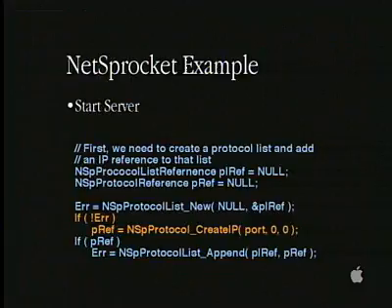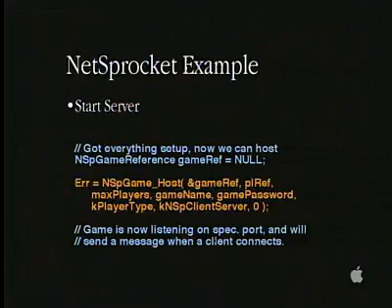When you create the IP protocol, you're going to pass it the port that you want to listen on. Then you're going to append that protocol that you've just created to the list that you created previously. And then you are able to use that list with that protocol appended to it to host a game.